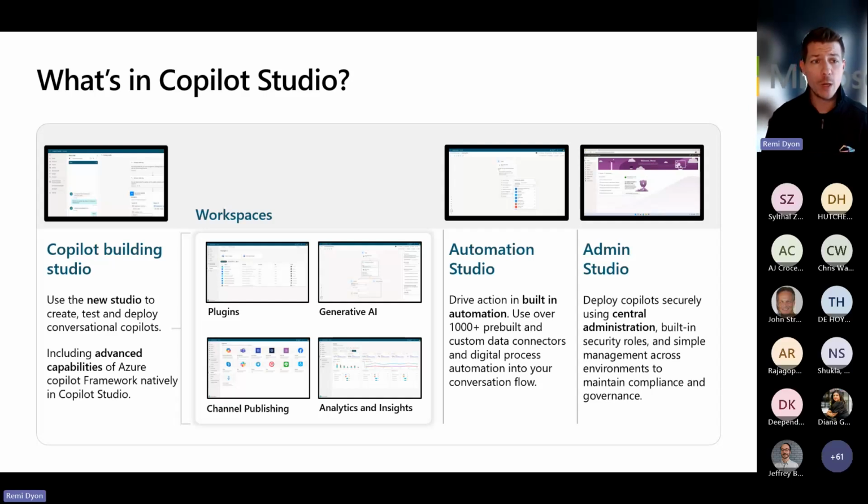The rest of the Copilot Studio ecosystem stays very similar to what used to be Power Virtual Agent. You have a building studio with advanced capabilities that are pro code and low code at the same time. That's what we call the building studio, or new canvas studio. Then we have our Automation Studio, where you can build automation with 1,000+ pre-built and custom data connectors. And finally, the same admin that you have around the Power Platform also governs Copilot Studio.